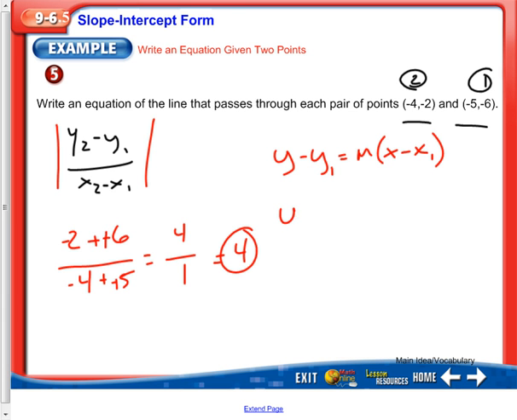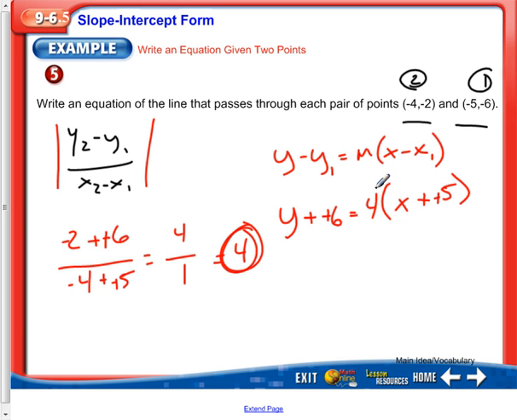Okay, so y minus y1. Again, I'm going to stay consistent. This is point 1, so I'm just going to use it. It doesn't matter which one you use, though. You're going to get the same answer. So y1 is -6, equals the slope, which is 4, because we solved for that right here, times x minus x1, which is negative 5.